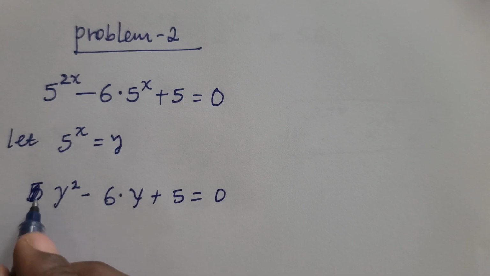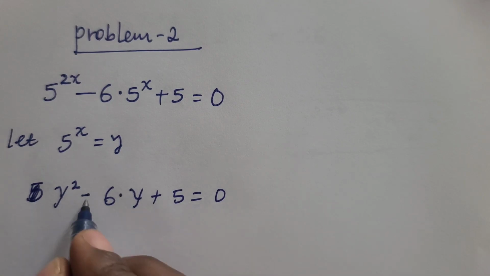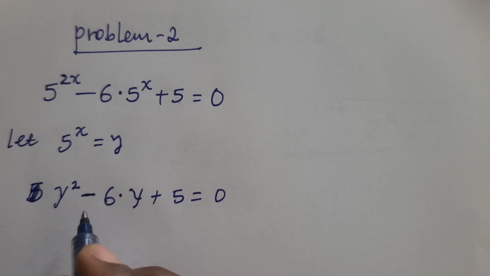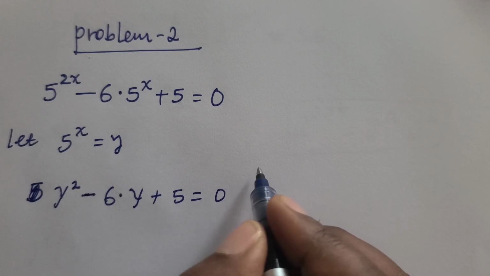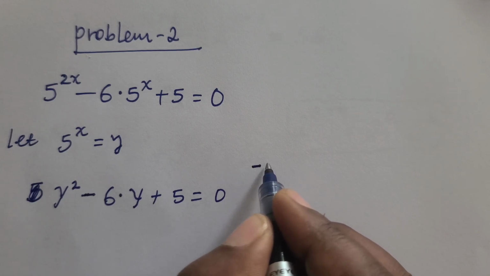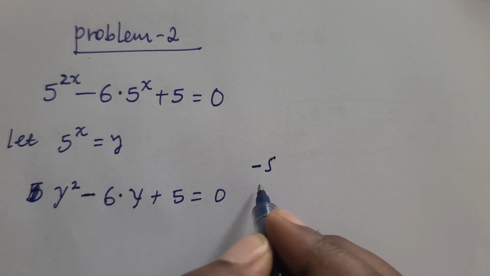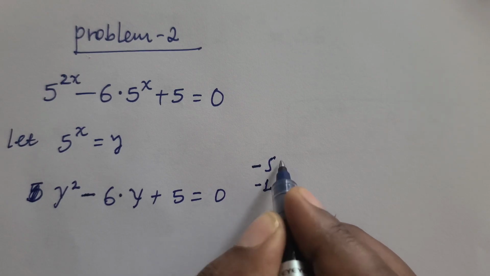If you see this quadratic equation, you can easily solve it using the factorization method. Think of two numbers whose product is 5 and whose sum is minus 6. Those numbers could be minus 5 and minus 1.